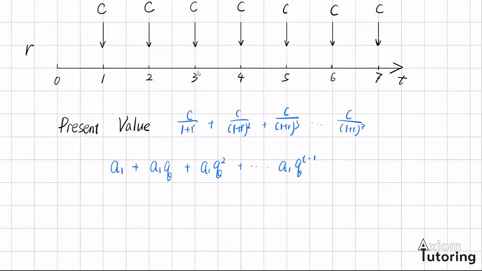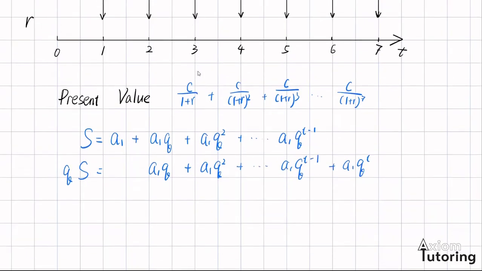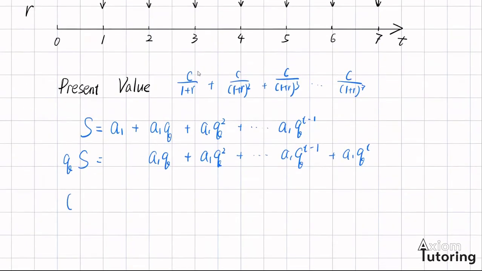So how do we calculate the summation for this expression? If we write it as S, then we simply multiply this whole expression by the common ratio, which is q. So I have a1 q as my first term and a1 q squared as my second term, and then a1 q to the power of t minus 1, and lastly a1 q to the power of t. Now to calculate S, I only need to subtract the first equation from the second one.